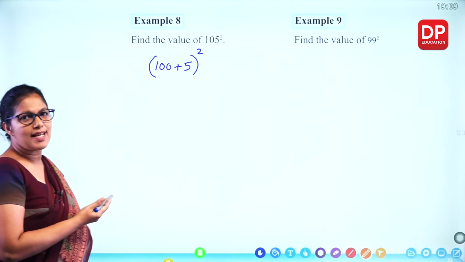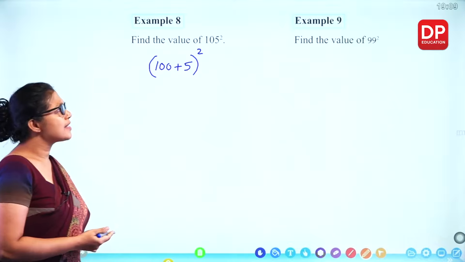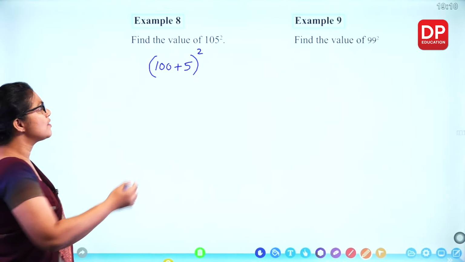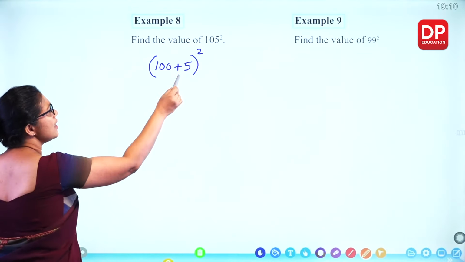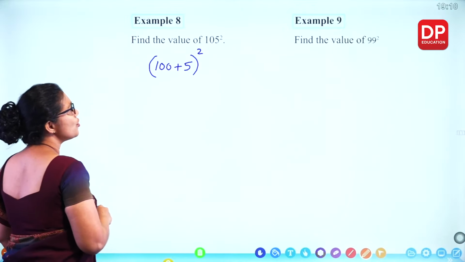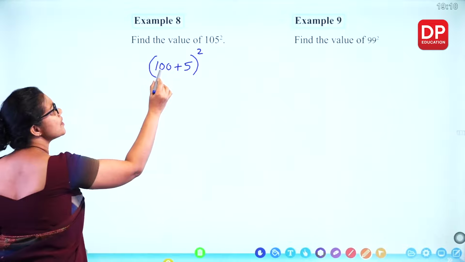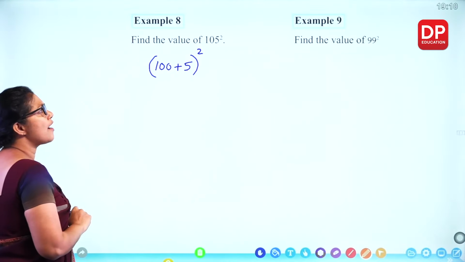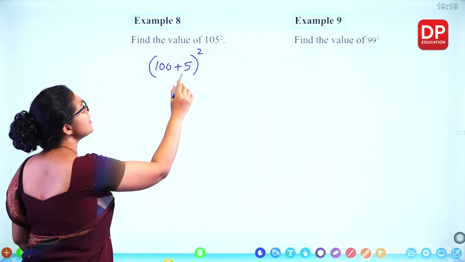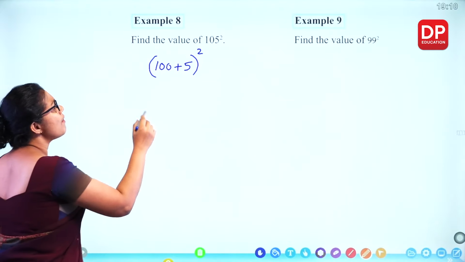Now we can see this is a binomial with a square term. So here, what can we do? Use the same pattern we observed. Here the first term is 100 and the second term is 5.